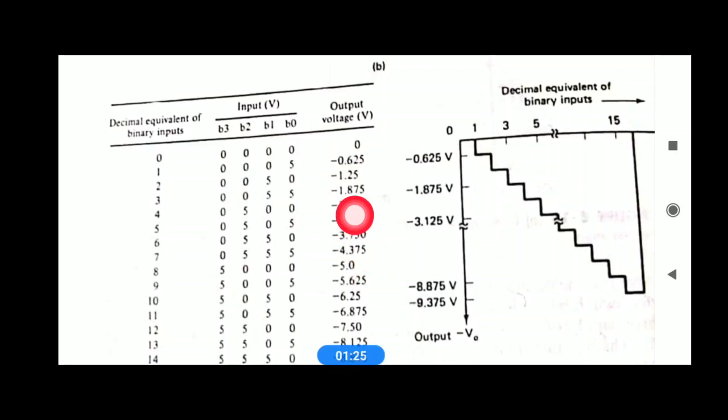In the same way, if you apply B2, you will get half of the output voltage when you apply B3, which is minus 5, so you get minus 2.5 when you apply B2. When you apply B1, you will get half of the value when you apply B2.